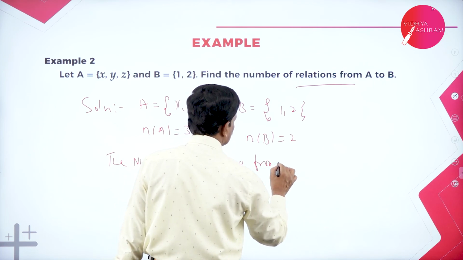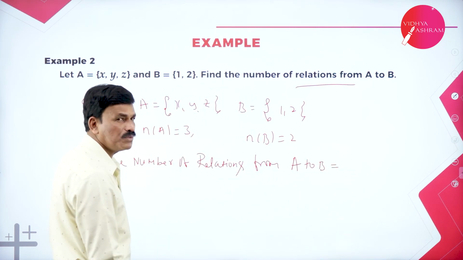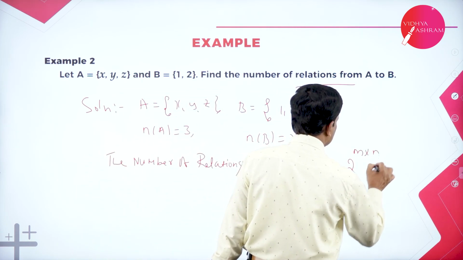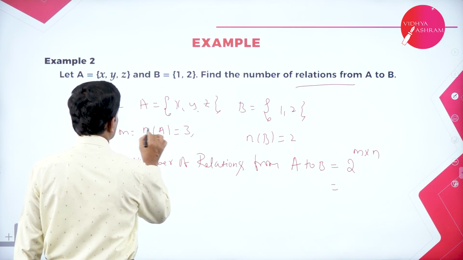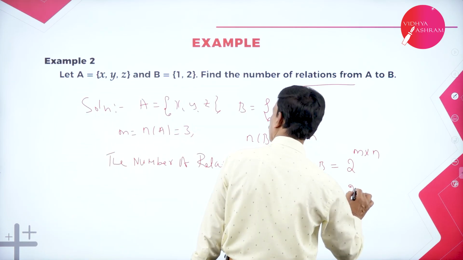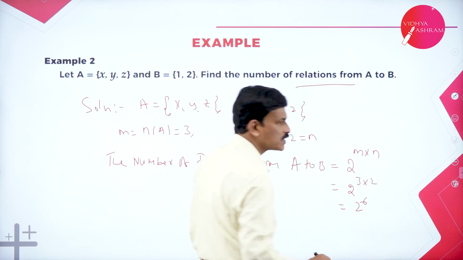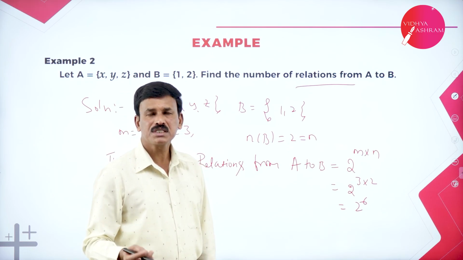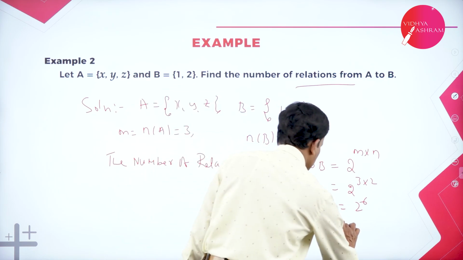The number of relations from A to B is always equal to 2 to the power of m into n. So this is nothing but m. Suppose if I write this as m and this as n, 2 to the power of 3 into 2. That is 2 to the power of 6. 2 to the power of 6 means 2 to the 4, 4 to the 8, 8 to the 16, 16 to the 32, 32 into 2 is 64.